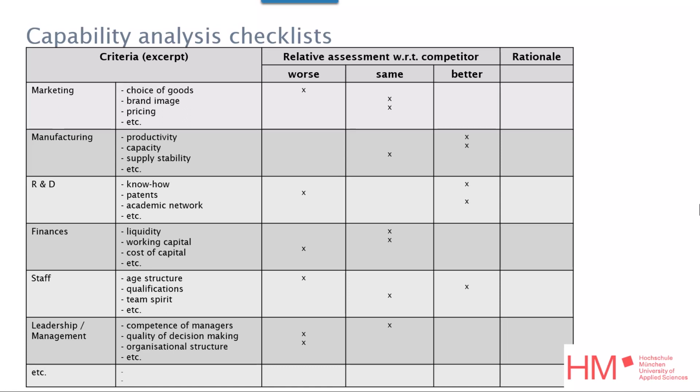And this capability analysis checklist provides us on the left-hand side with a series of areas of activity which essentially follow the value chain. And then within each of these elements, we break out some of the important parts of the doing, if you like. So in marketing, we would say that the choice of goods offered, the brand image that we pursue, the pricing model that we pursue.